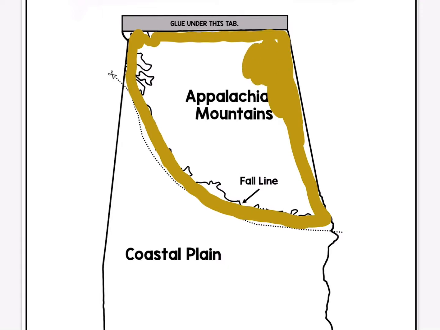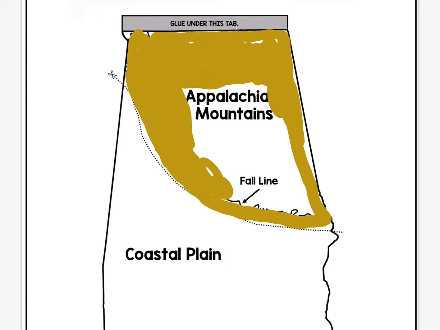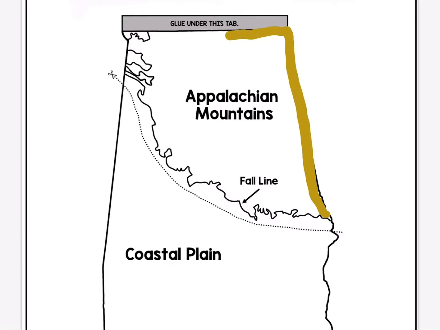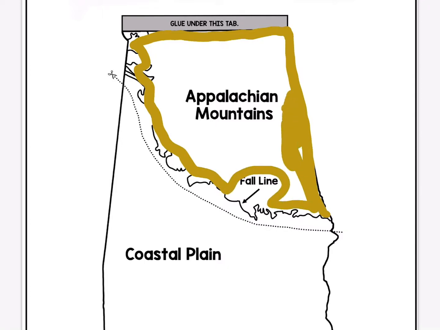I'm going to color around the Appalachian Mountains because I still want to be able to see when I'm studying that this is the Appalachian Mountains. I didn't mean to cover up the fall line. So, all right. I'm just going to kind of go around as best I can.